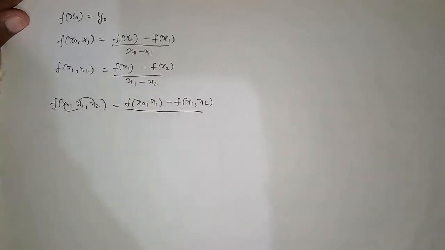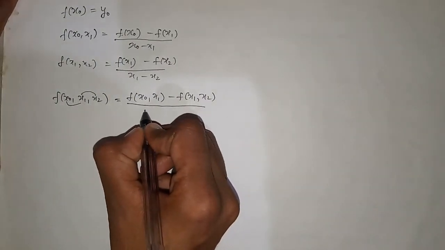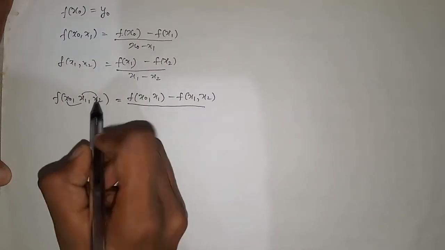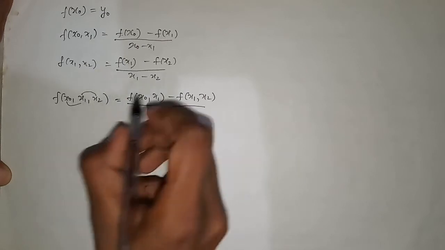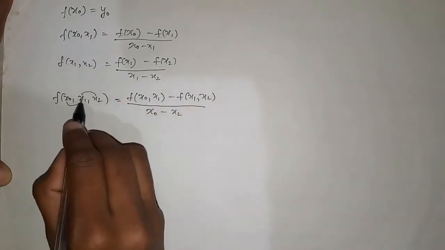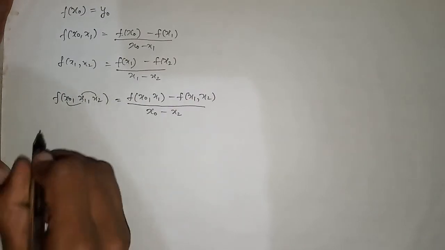So in this, to write the term for the denominator we will subtract the first and last terms. We will use subtraction of the first and last term. So the first term is x0 minus x2. So we will not use the middle terms. We will only use the first and last term.